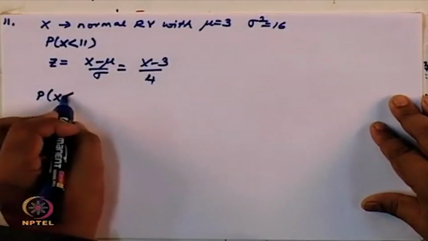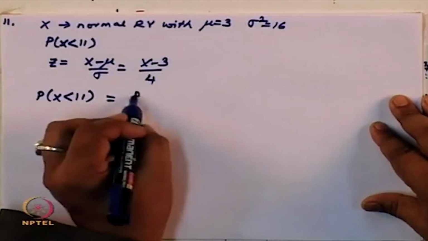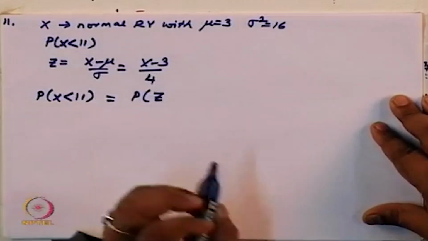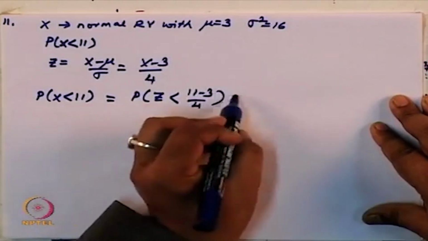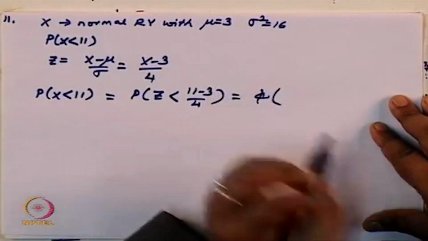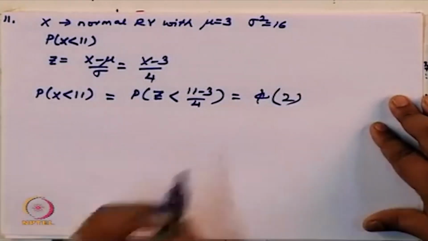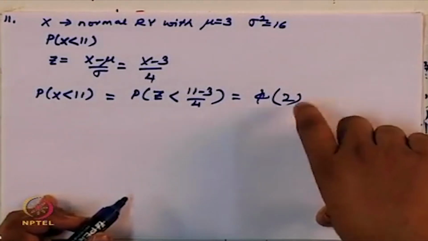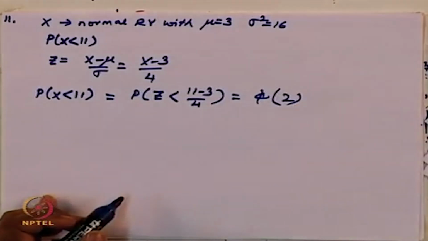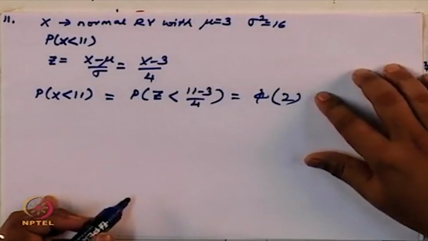So, the probability of x less than 11 is nothing but the probability of z less than (11 minus 3) by 4, which is equal to phi of 2. You can find out the probability just by looking up this value in the table.